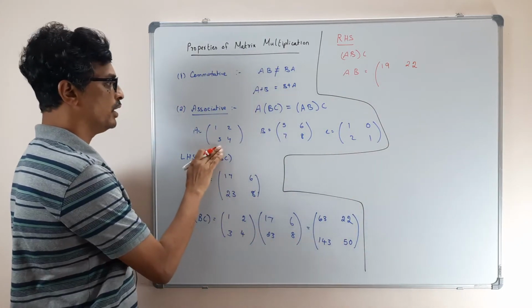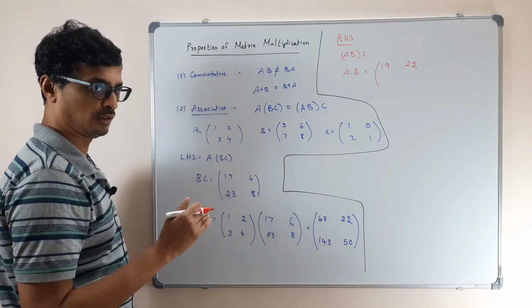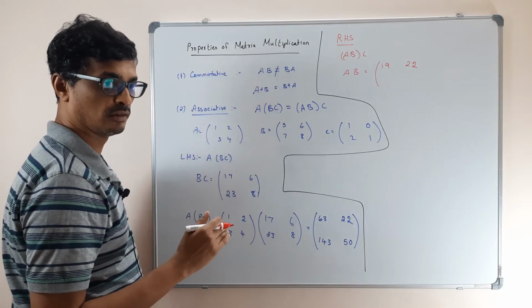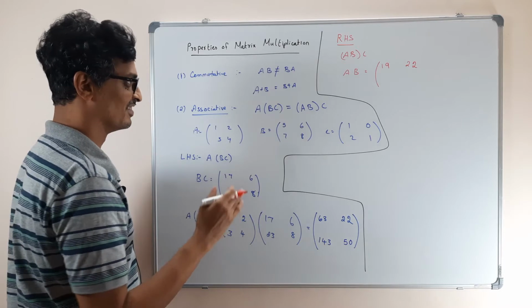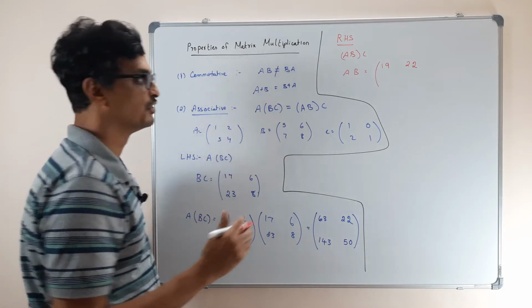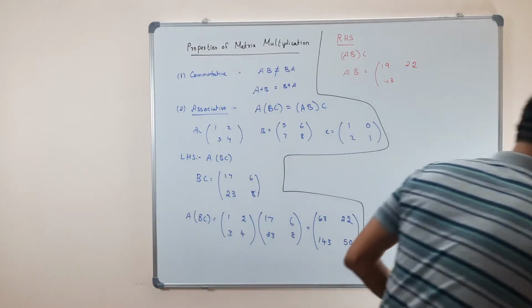Next one. This will be 15 plus 24. 43. Okay. Fine.